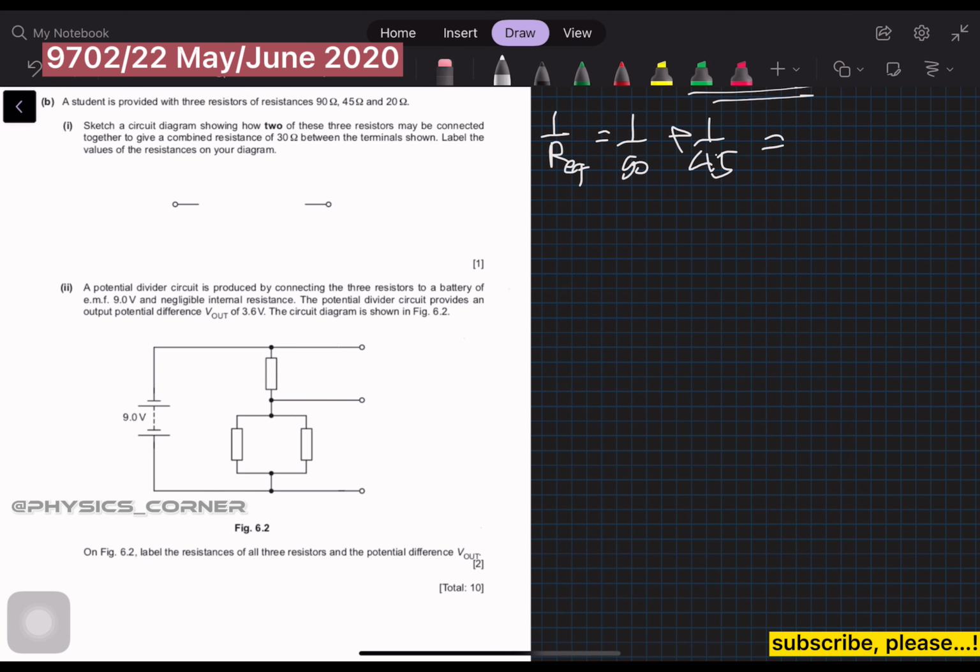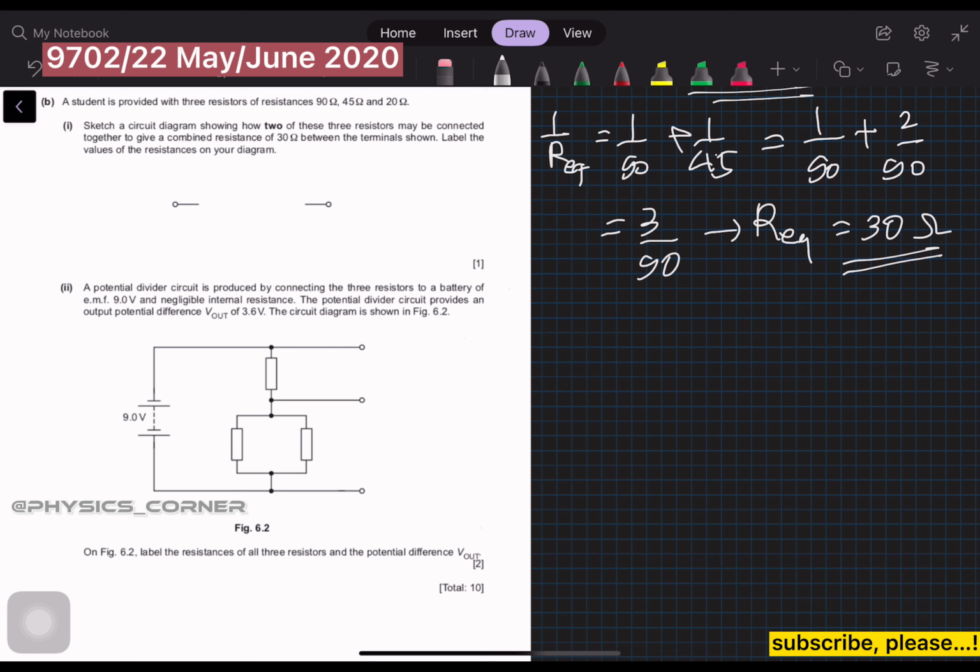So this is like 1 plus 2 over 90. Yes, this is about 3 over 90, or R equivalent is 90 divided by 3, about 30 ohms. So from this, this is parallel.